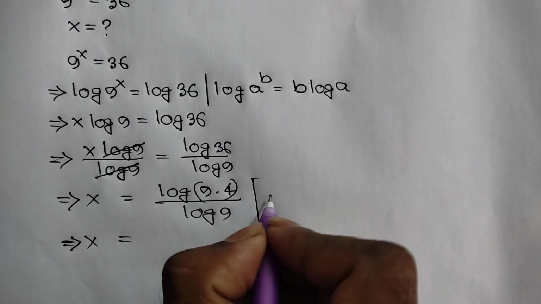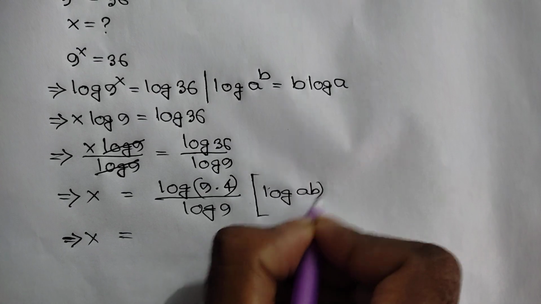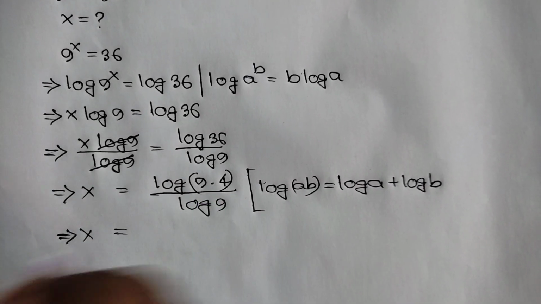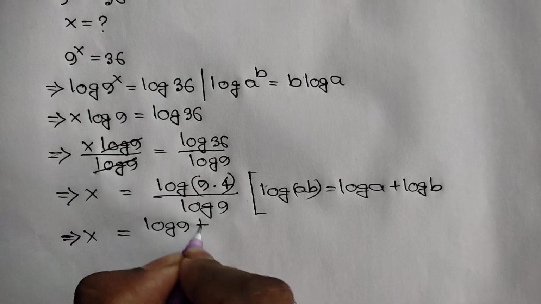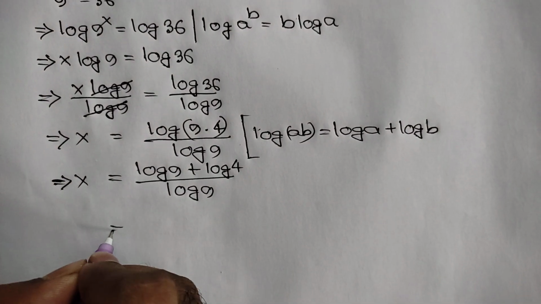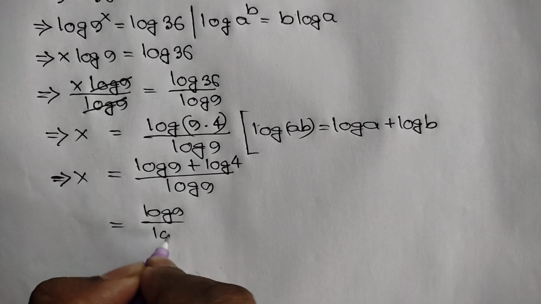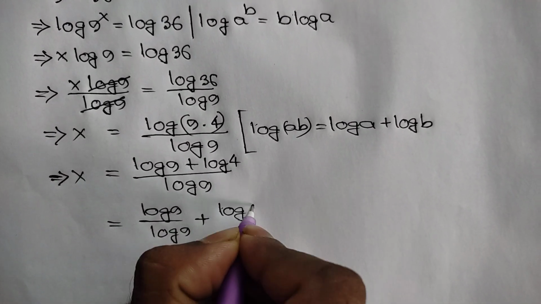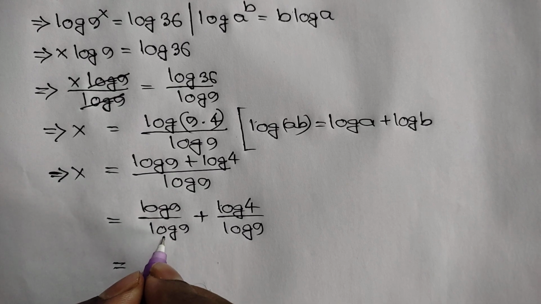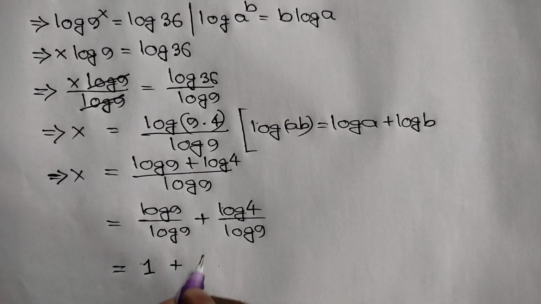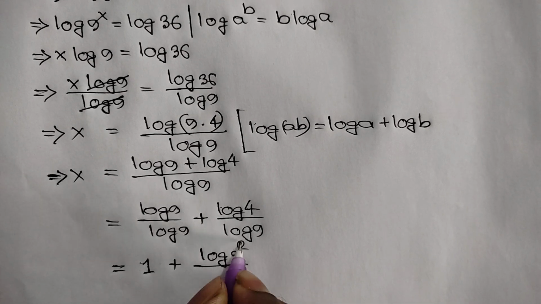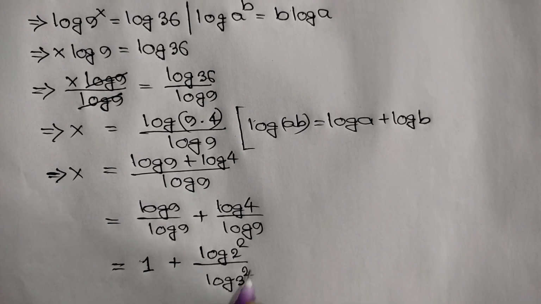The formula is log of AB is equal to log of A plus log of B. Apply this formula here, we can write log of 9 plus log of 4 over log of 9 is equal to log of 9 over log of 9 plus log of 4 over log of 9, is equal to 1 plus log of 2 square, because 2 square is the same as 4, over log of 3 square, because 3 square is the same as 9.